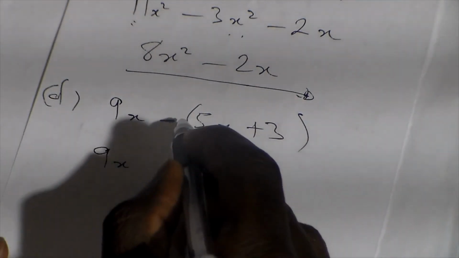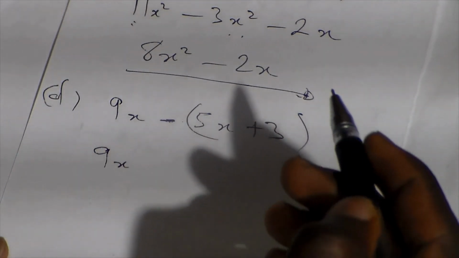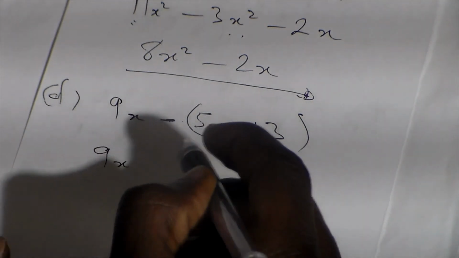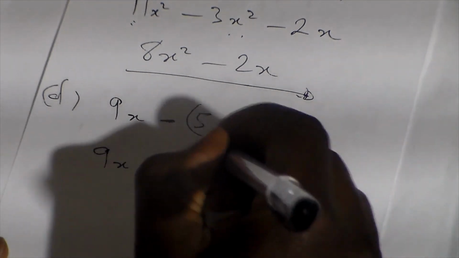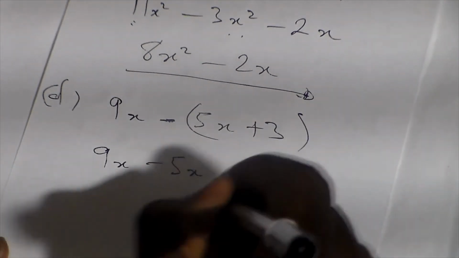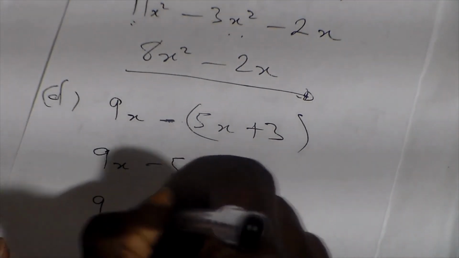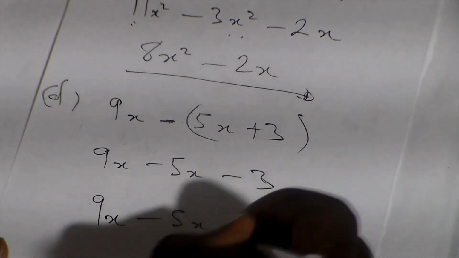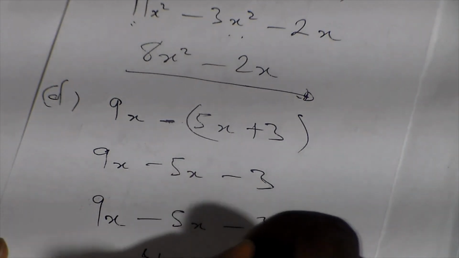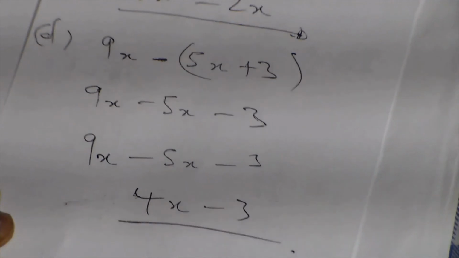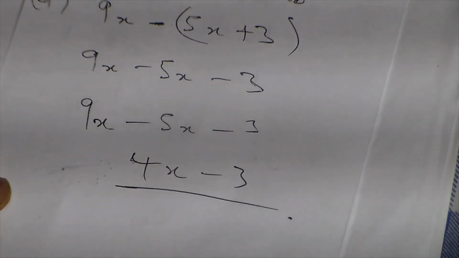Usually in mathematics, we don't write this 1, right? So minus 1 times 5x, we get minus 5x, minus 1 times 3, we get minus 3. Okay, now we'll say 9x minus 5x minus 3. What do we get? We get a 4x minus 3. This cannot simplify further, so we'll end there.